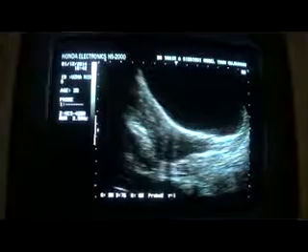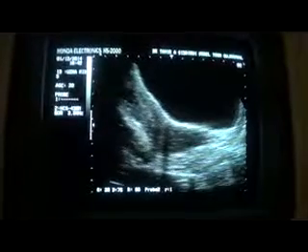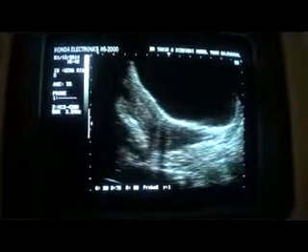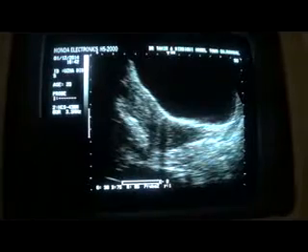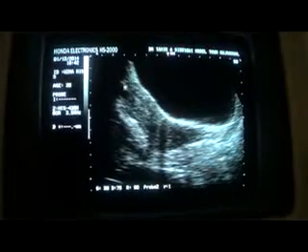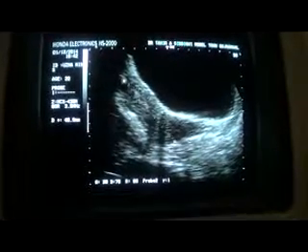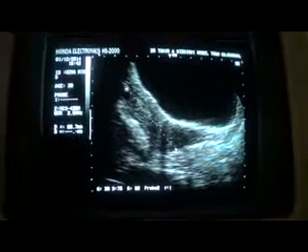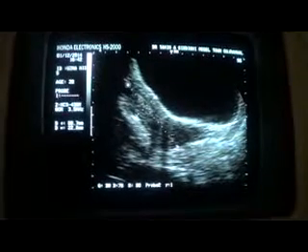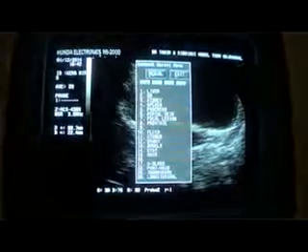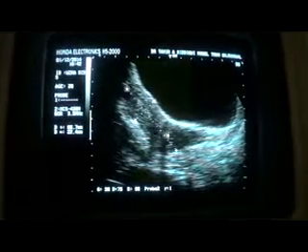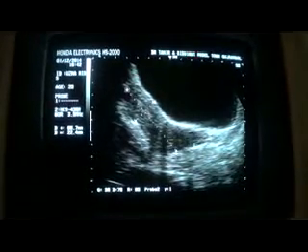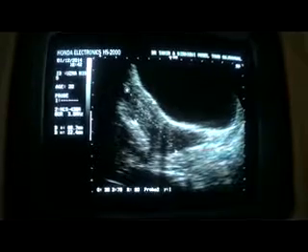Let me take the single cervix. This is the full view of the right uterus on the right side, measuring 6.6 by 2.2 centimeters, and this is the vagina.